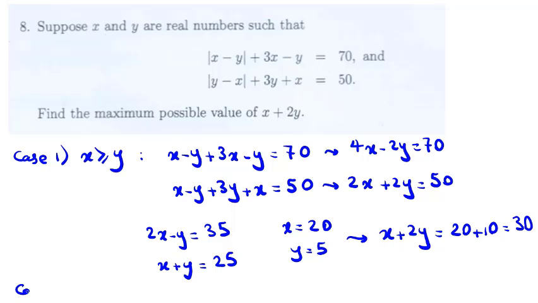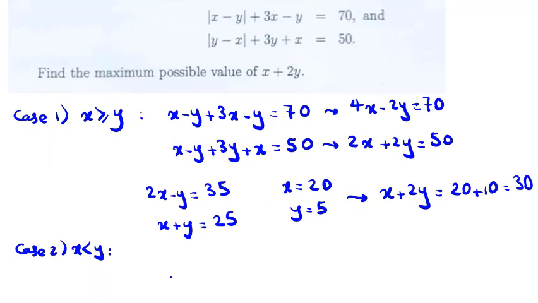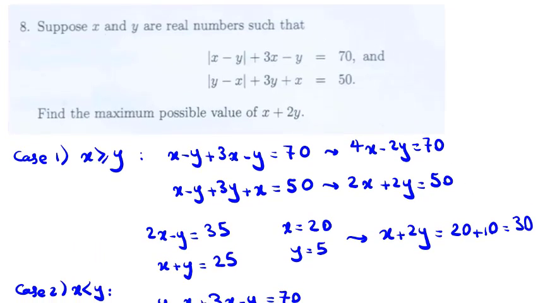Now, let's check case 2. In case 2, x is less than y. The first equation will be y minus x plus 3x minus y equals 70. The problem says x and y are real numbers.